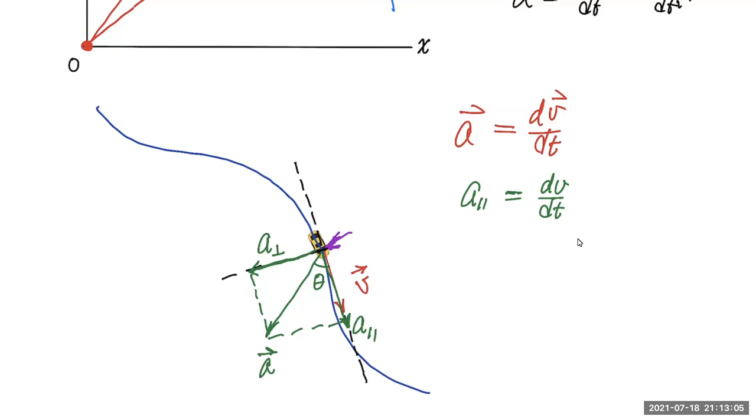Now, it is also possible that this angle theta is greater than 90 degrees, in which case the direction of A parallel will be opposite to the velocity, which means as the car moves forward, the acceleration is backward. As a result, it slows down, in which case dv/dt will be negative. The negative A parallel really means that this component of the acceleration is opposite to the direction of motion.